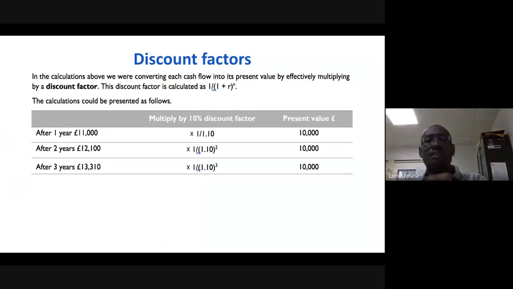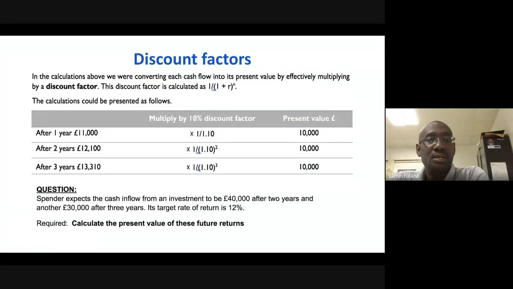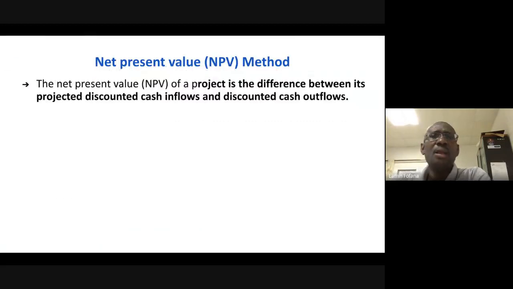If you want to work it mathematically, you can use simple change of subject to arrive at your discount factor, so that in case you forget the formula in exams, you'll be able to work backwards to get it. So that nicely takes us to our main subject, which is the net present value method. Net present value is nothing other than the difference between the present value of our cash inflows and the present value of our cash outflows.